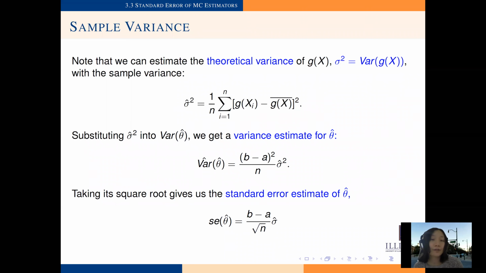And if we take the square root of this, it gives us the standard error estimate of theta hat. We denote this by SE of theta hat, which is given by the square root of var hat, and this is equal to (b minus a) divided by square root of n times sigma hat, where sigma hat is the sample SD of g(x).